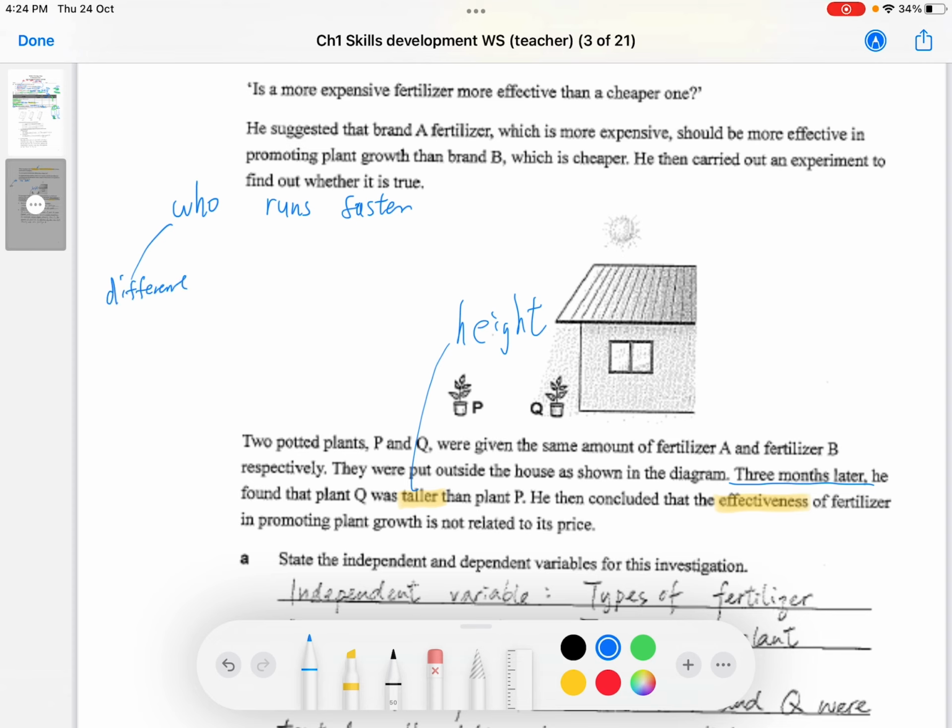And then after 3 months, the people that is Wilson measured the height of the plants after 3 months, and this is the measurement. So I will say that for the target, it is the independent variable.